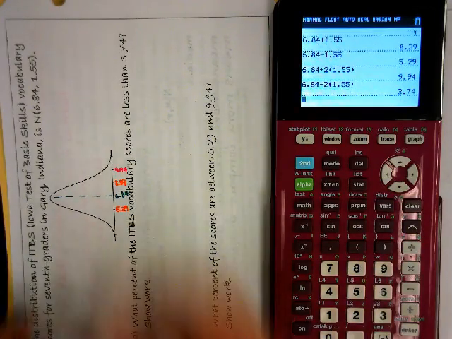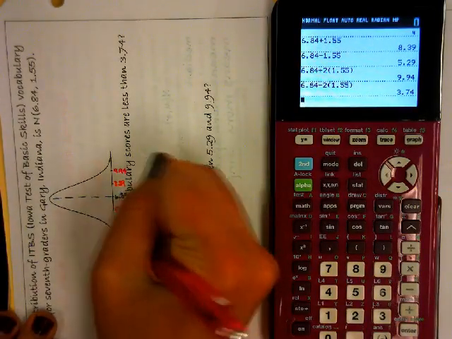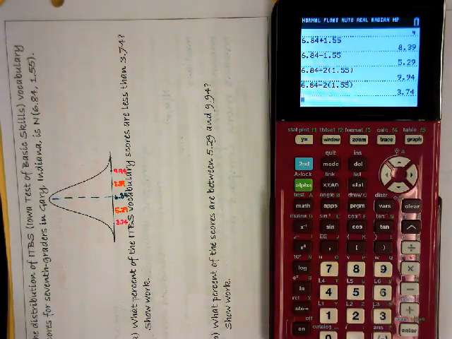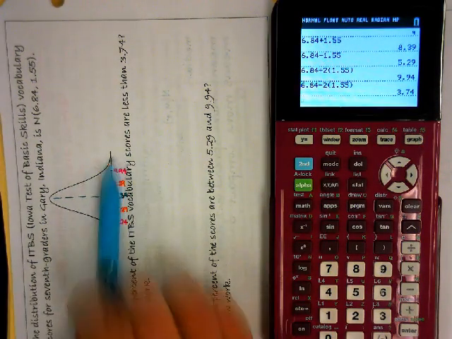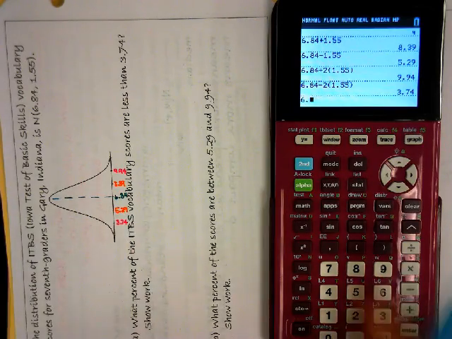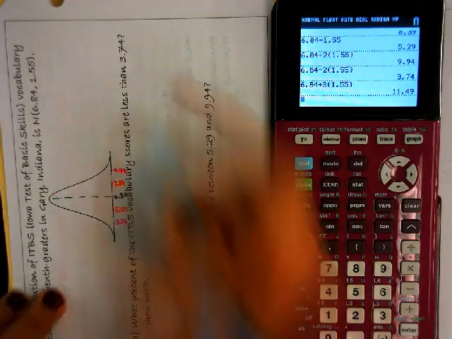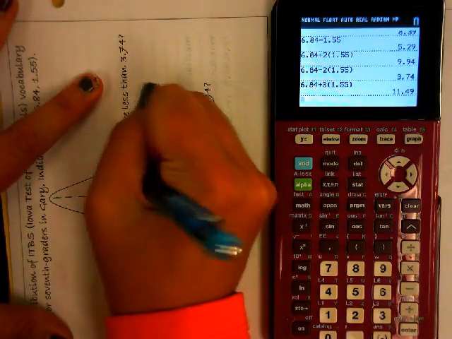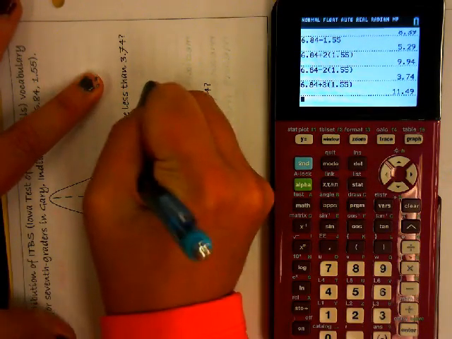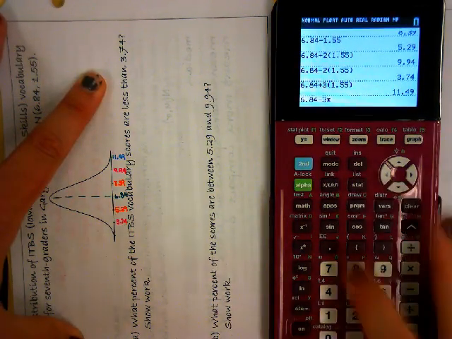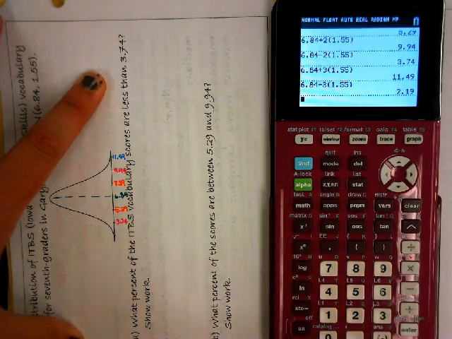And then I have 3 above and 3 below: 11.49 and 2.19. Everybody good with how I got my labels?